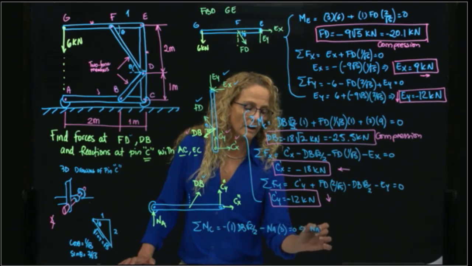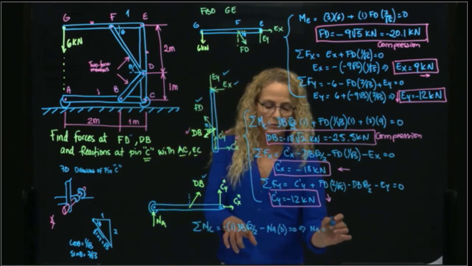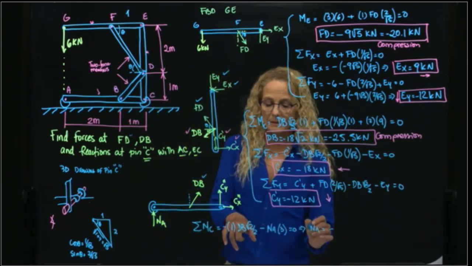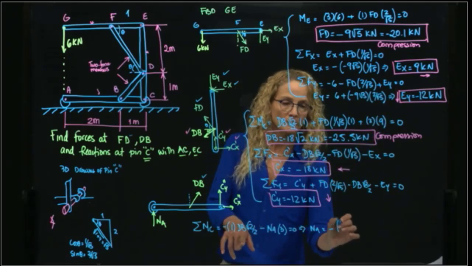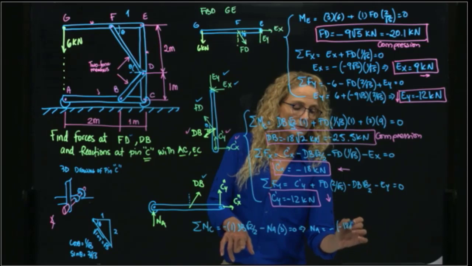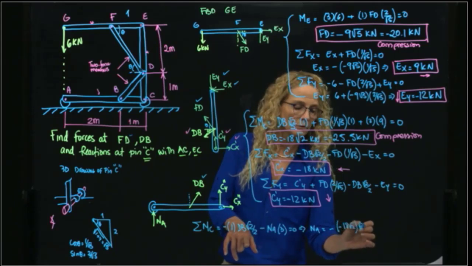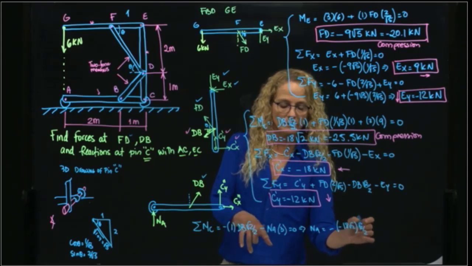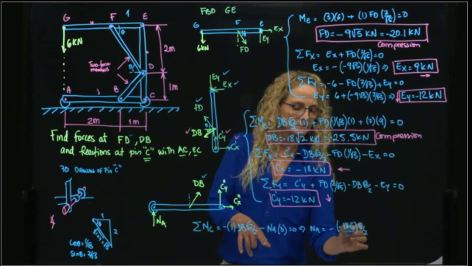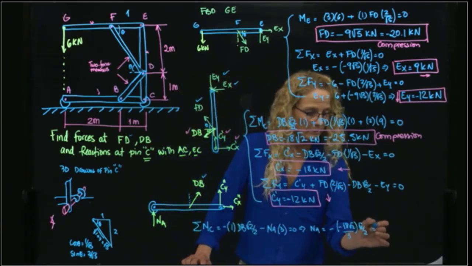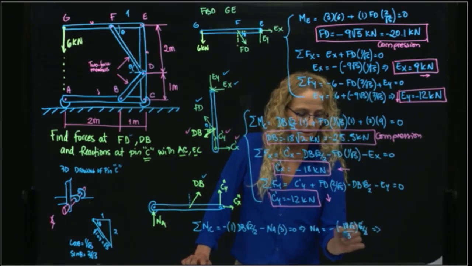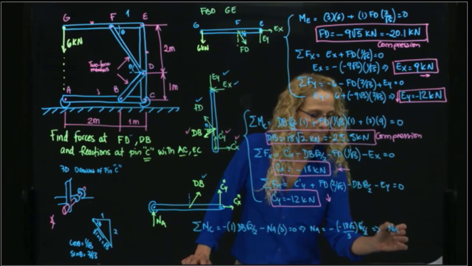Therefore, NA is equal to negative dB, and you know dB we already found is negative 18 square root of 2, and this is square root of 2 over 2, divided by 3. And therefore NA, of course, gives me 6, positive.